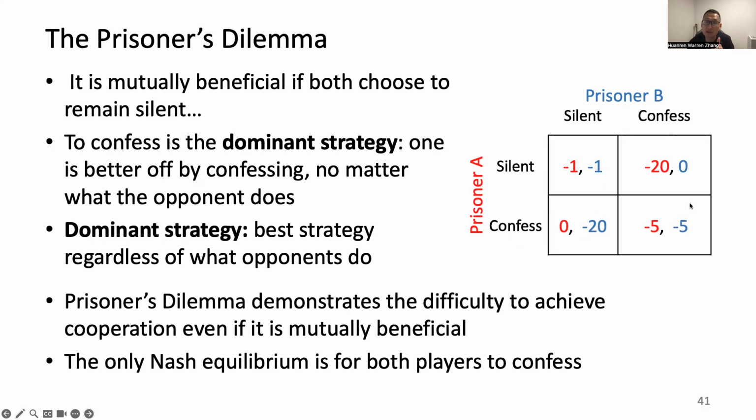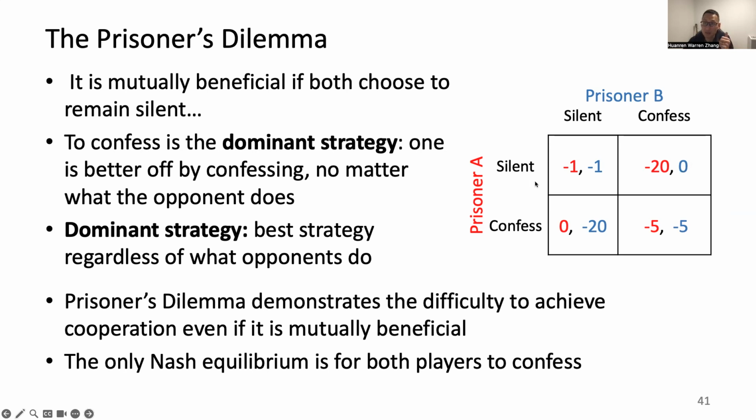If both of them confess, then both would be put into prison for 5 years. If the prisoner decides to keep silent, meaning they are trying to cooperate or help the other, and the other decides to confess, then the one who cooperated by keeping silent would be put in prison for 20 years and the other would be set free. Okay, so now we have the payoff matrix.